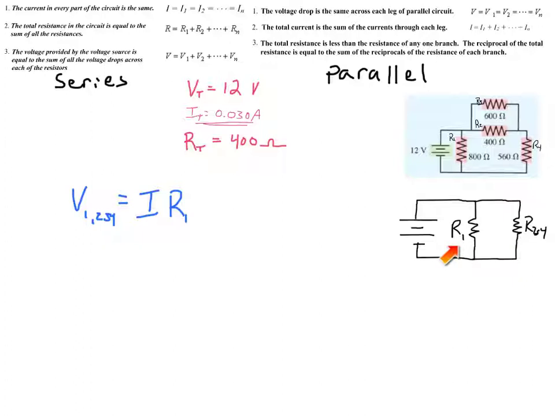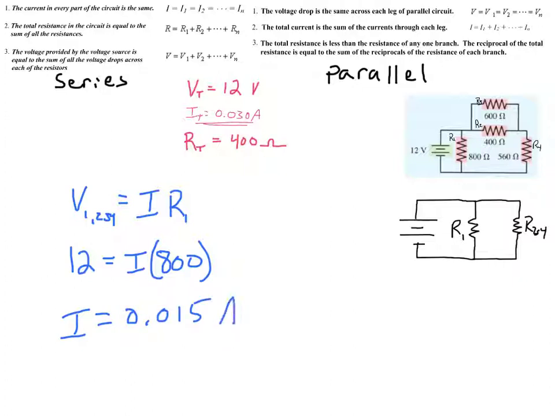Now we know from the parallel rules that the voltage drop is the same across each leg and the total current is the sum. So what we can do is apply Ohm's law to figure out the current through this equivalent section. Since they're both 800 ohms, we can just use the 800 ohms for one of those resistors and get a current of 0.015 amps.